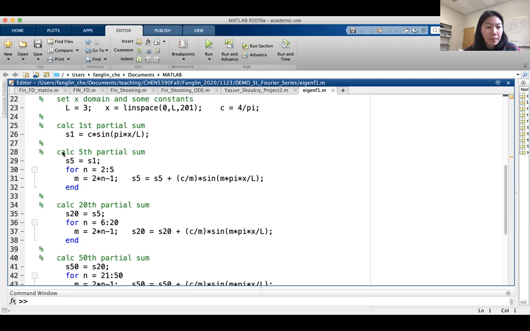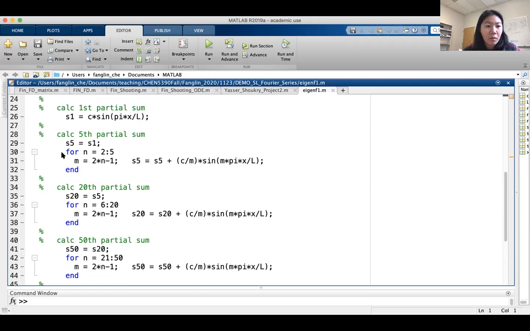We also set up our sum. S5 means we only sum 5 terms, so it starts as the first partial sum, which just gives a value for your sum term. Then when you're doing the loop, you will keep adding more terms into your sum.